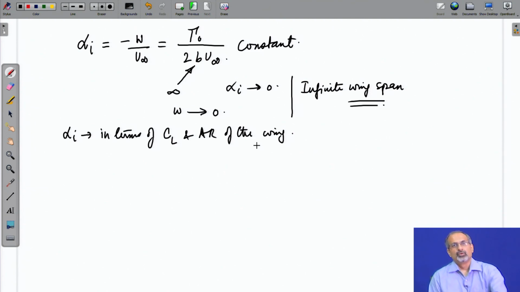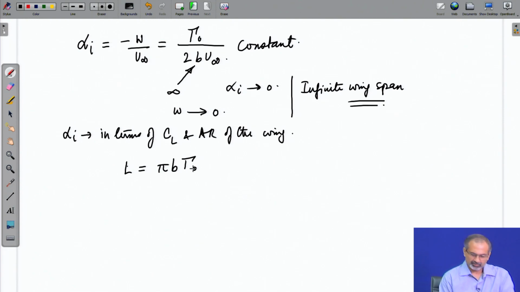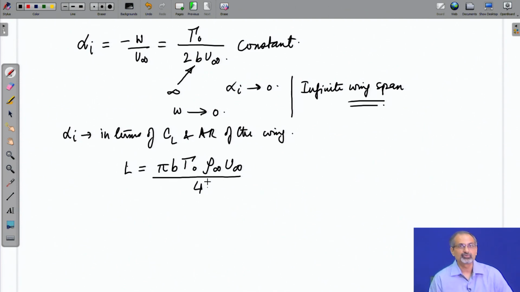So, we again start from the lift expression and we work out that the lift for this wing will come out to be pi b gamma naught rho infinity u infinity by 4. I leave it as a homework exercise for you to try out integrating the lift per unit span expression by using the gamma that we have proposed, the elliptic distribution, and you should be able to integrate and get this result.